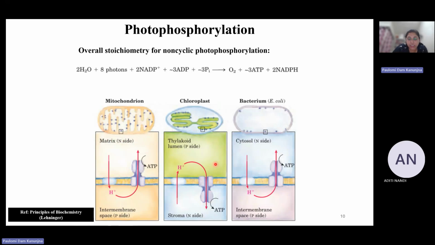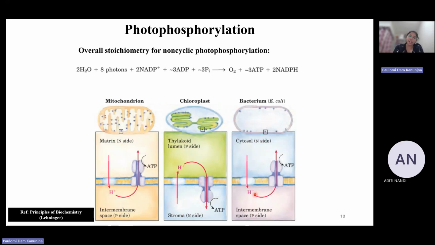In chloroplast, you have stroma as the N side and thylakoid lumen as the P side. Again, H+ moves from N to P. In bacteria, cytosol is the N side and the intermembrane space is the P side, and the movement of protons is from N to P. So this fits perfectly for all three systems.